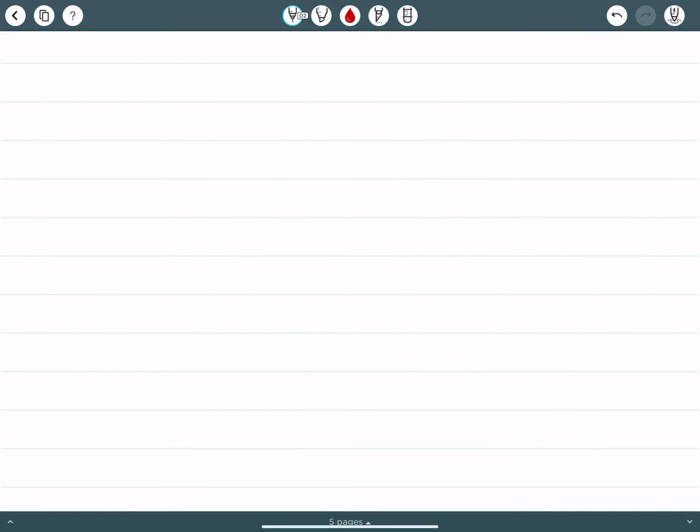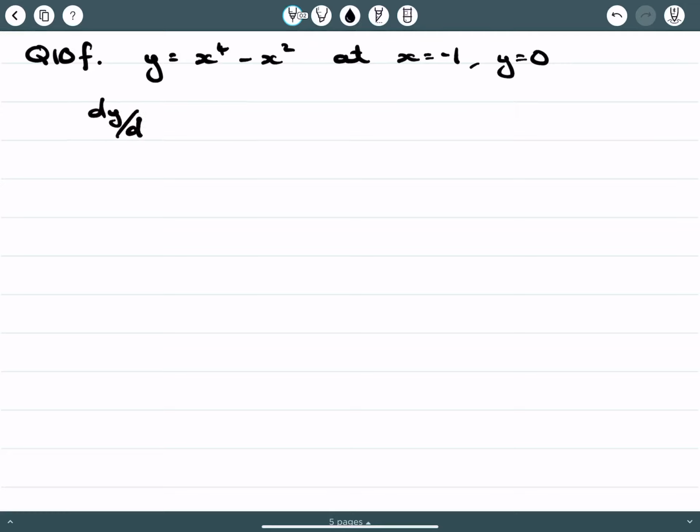If we look at question 10, so question 10F, this one is y equals x to the 4 minus x squared, and we're looking at the point x equals negative 1, y equals 0. And we're going to find dy dx here.